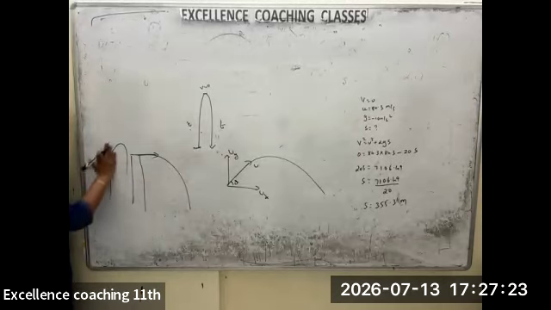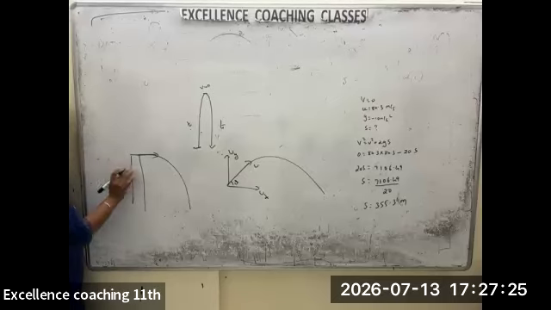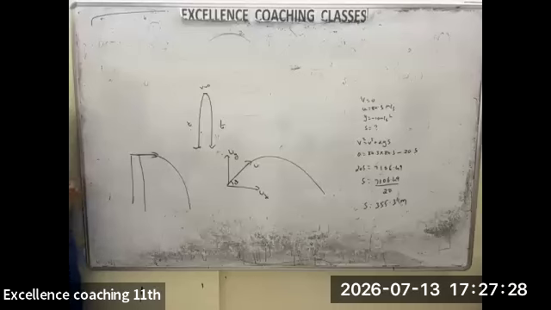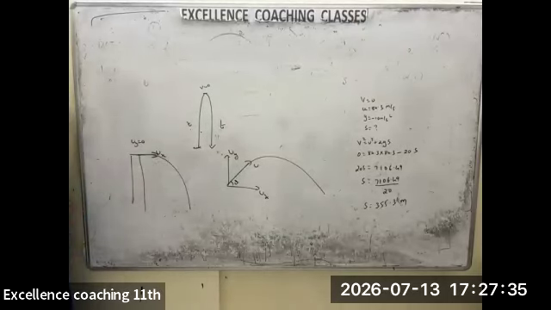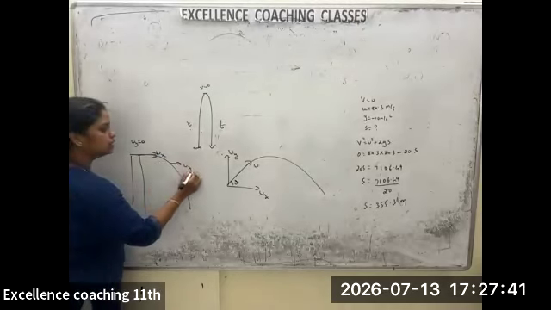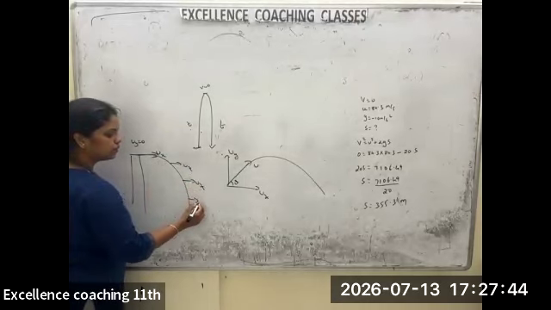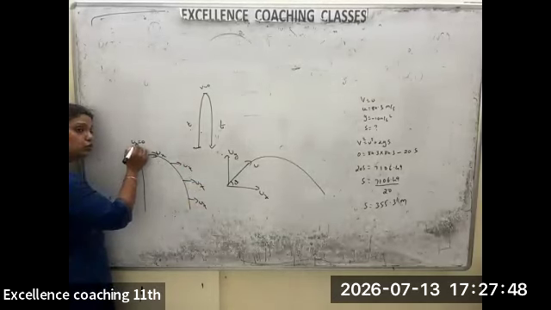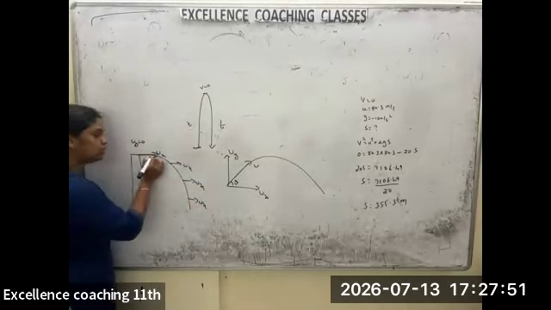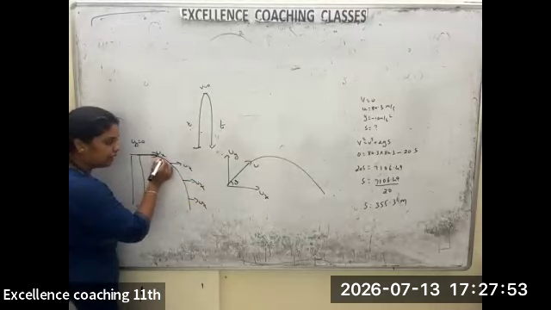I will tell you this case also. Here which velocity is present? Only horizontal. So here uy will be how much? There is only one velocity present, ux. And you know this is also projectile motion, no? It is coming down. So everywhere ux will remain constant. What will happen to uy? Here it was 0, but now what happens?